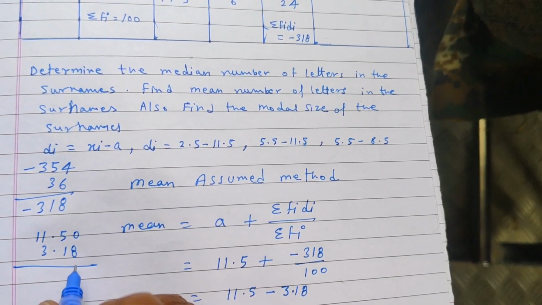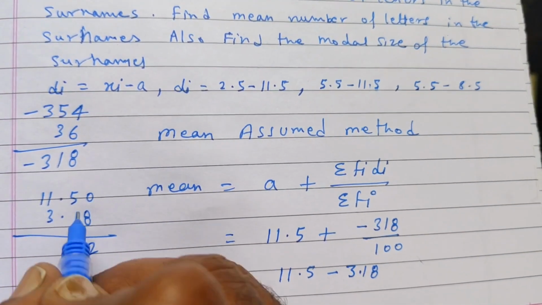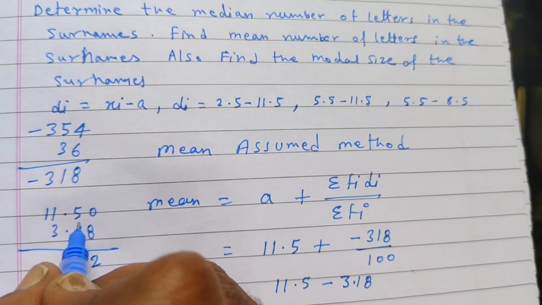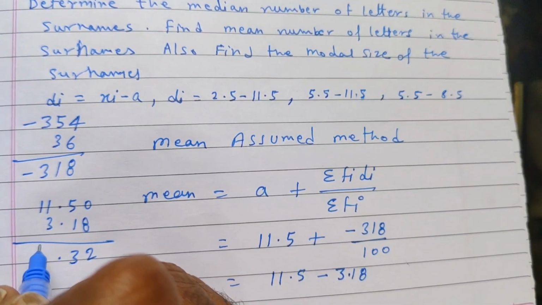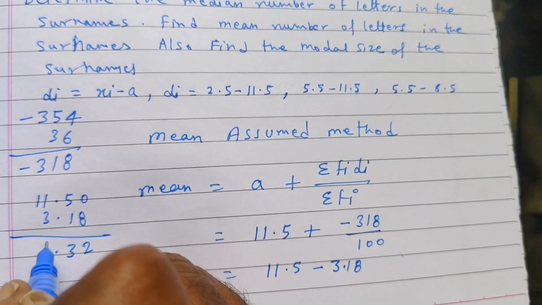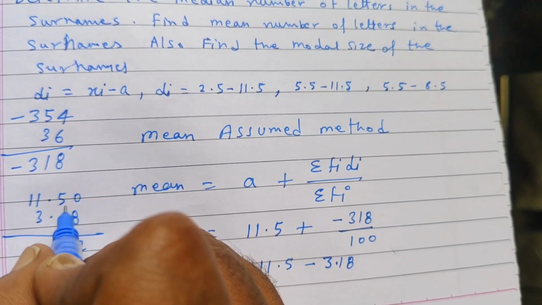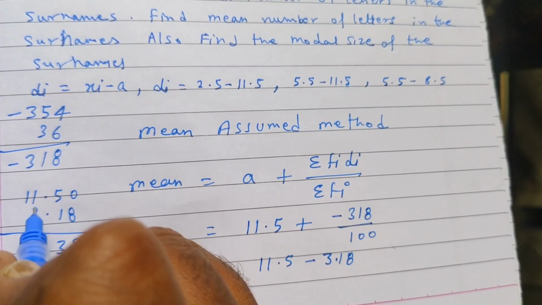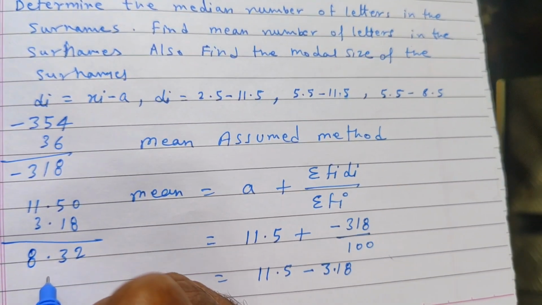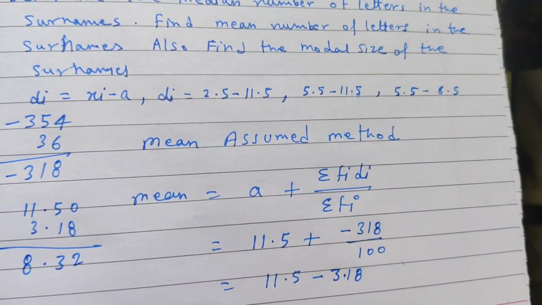11.5 minus 3.18: subtracting, we get 8.32.